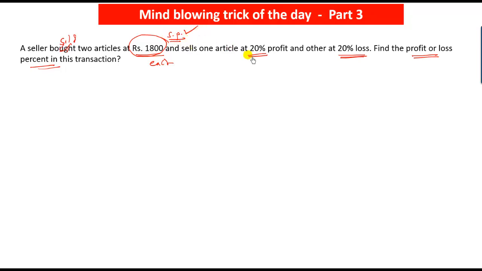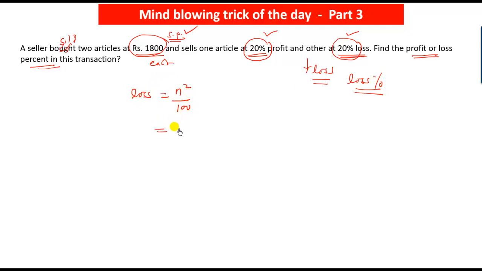Now the loss percent and the profit percent, both should be same. Here the second condition is also followed, that is profit percent is 20% and loss percent is 20%. So all the conditions are followed, and therefore we can use the formula that there is always a loss. So what do we have to find? We have to find the loss percentage, and that loss percent is given by the formula n square by 100.